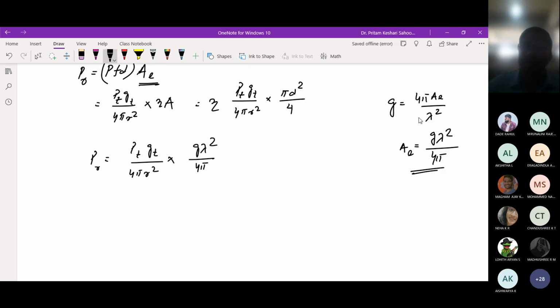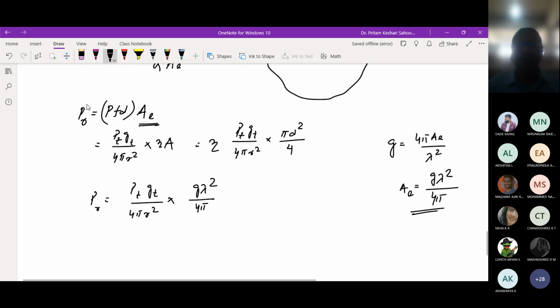Because when we are calculating the power received, it is the power flux density, which depends on the transmitted power, meaning how much power is transmitted per unit area by the transmitter, multiplied by AE. AE is the effective aperture. Of whom? Transmitter or receiver?